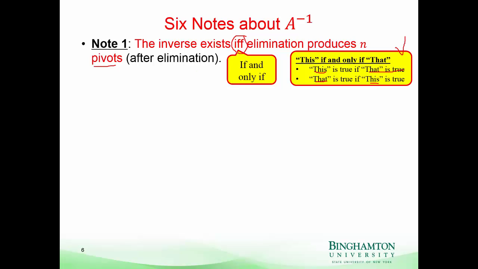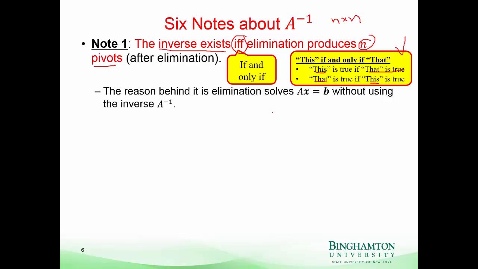So remember, this is if and only if. We can check if we have n pivots, none of them are 0, then the inverse exists. The other way around, if somehow else we know that the inverse exists, maybe we've computed it, then we know that elimination will produce n pivots. This is an n by n matrix. I guess we should say that up here.